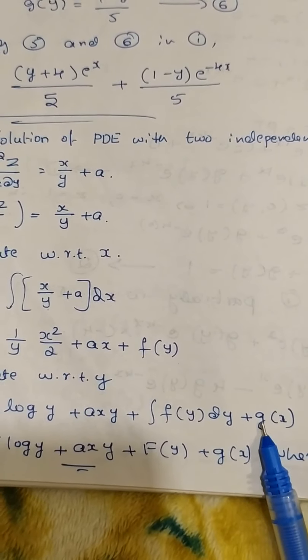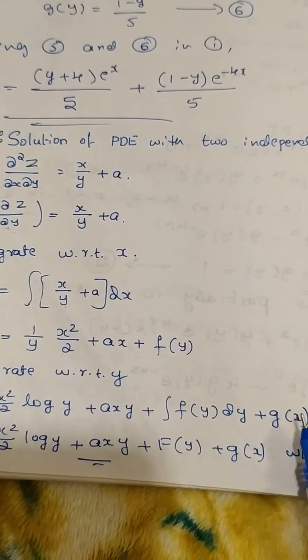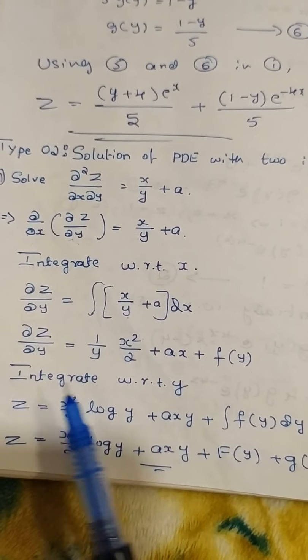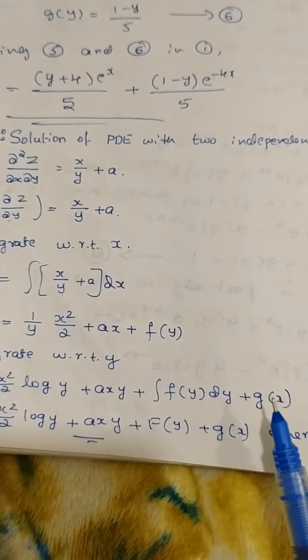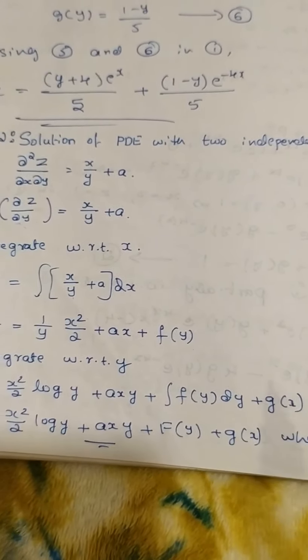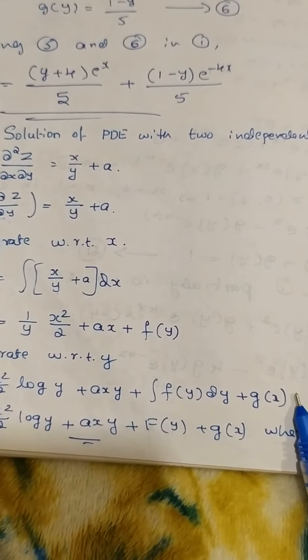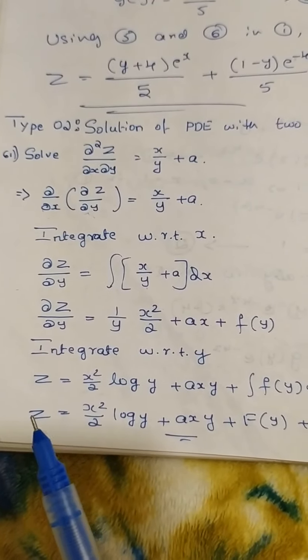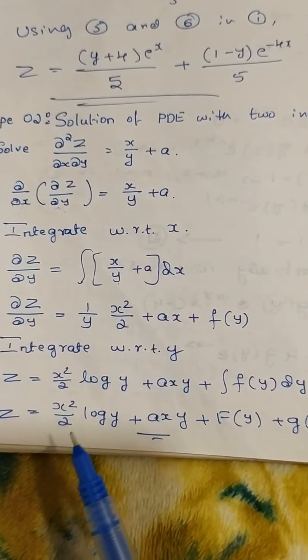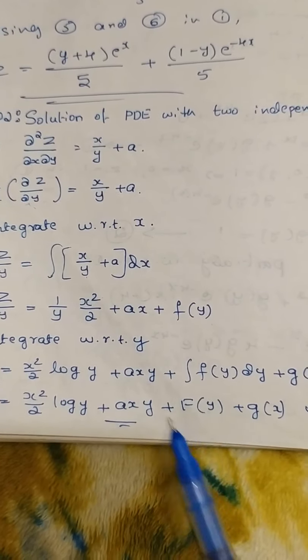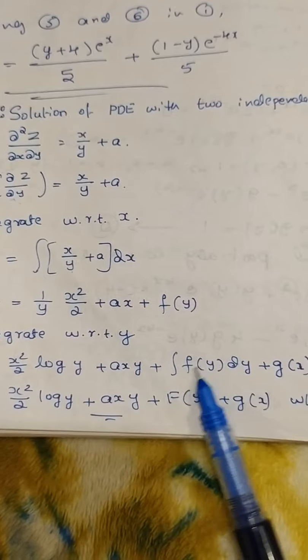What is the integral constant? g of x. Why is it g of x? Because we integrate with respect to y. While integrating with respect to y, take a function of x as the integral constant. Here we took g of x. Finally we get z = (x²/2) log y + axy + F(y) + g(x), where capital F of y is the integration of small f of y.